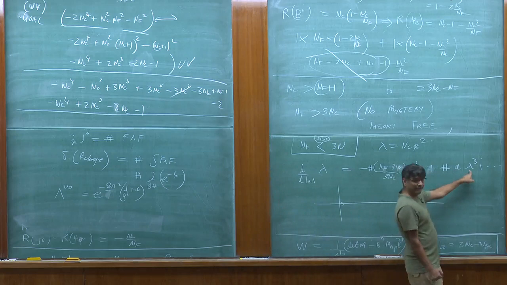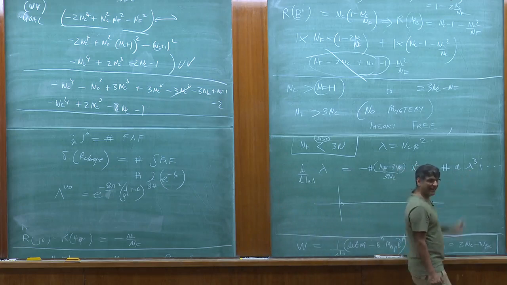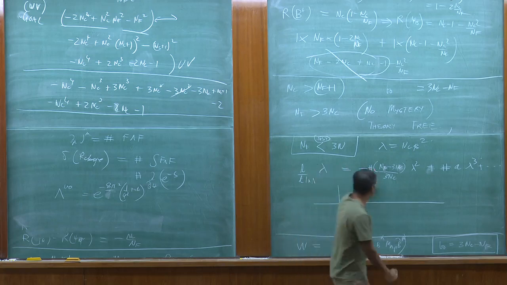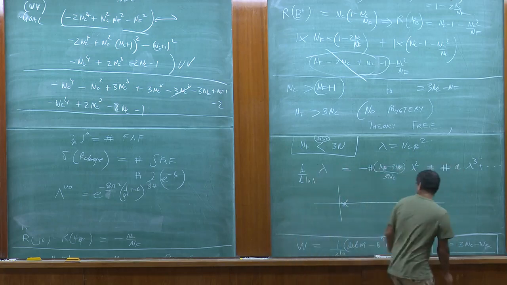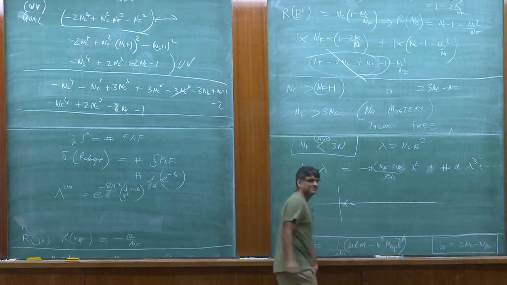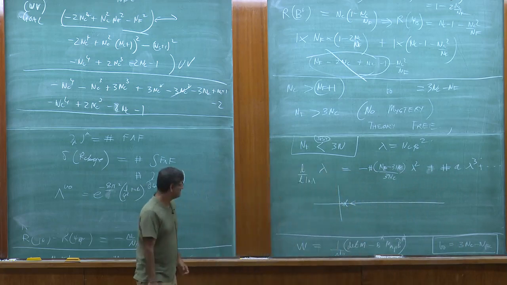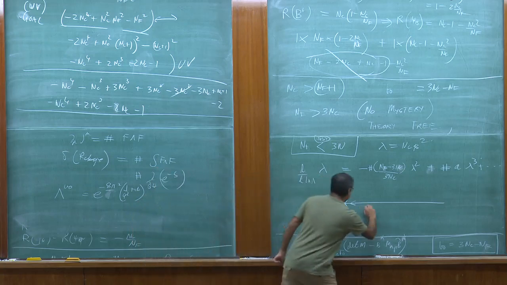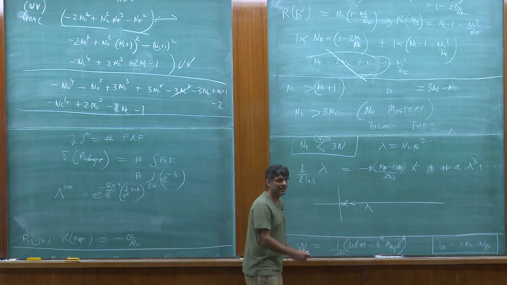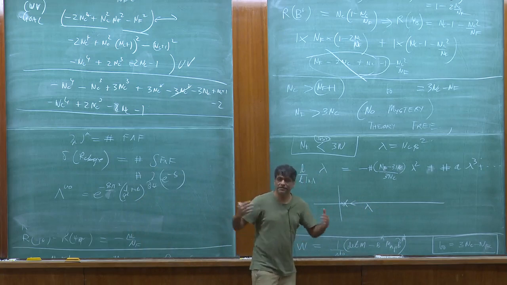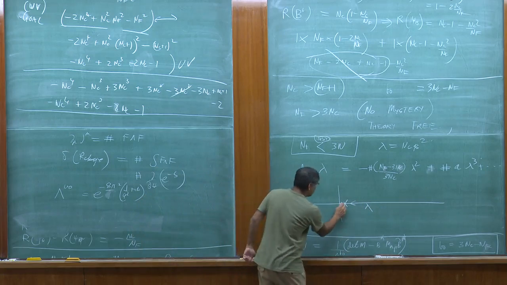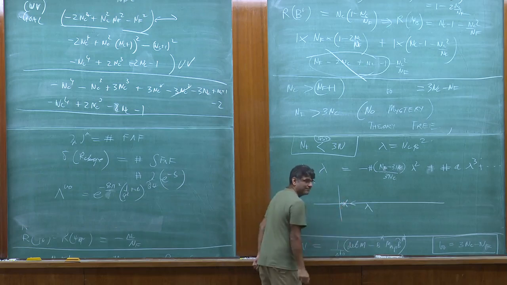But there is this term. So these two cross at some point when this equals this. And then the flows are like this. Is it clear what I'm drawing? This axis is lambda, and these are RG flows towards the IR. So if you start from a small value here, you will be driven to this point. You start from a bigger value, you will also be driven to this point.